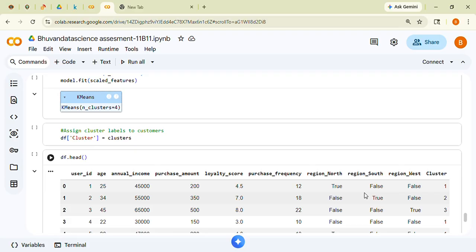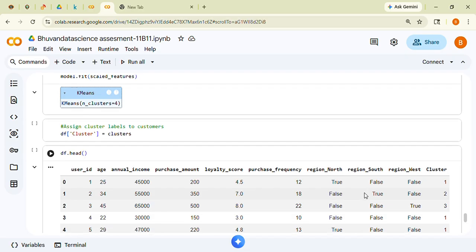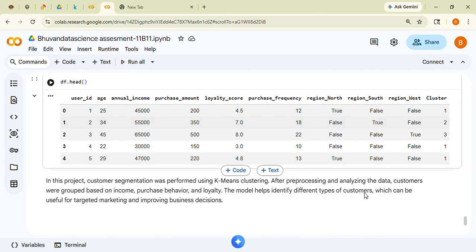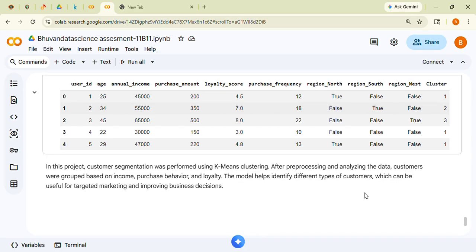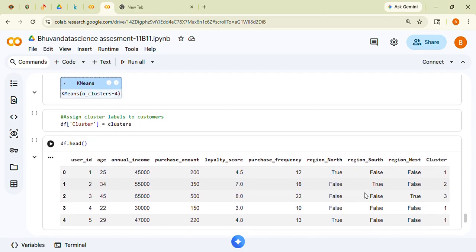From these cluster results, I observed some customers have high income and high spending. These are premium customers. Some customers have moderate behavior, regular customer types. Some customers have low spending, low value customers.